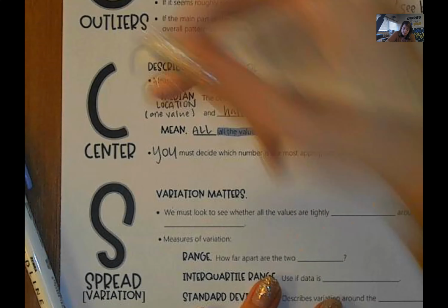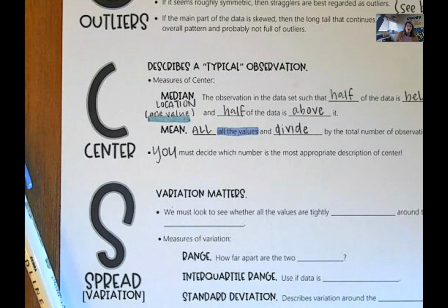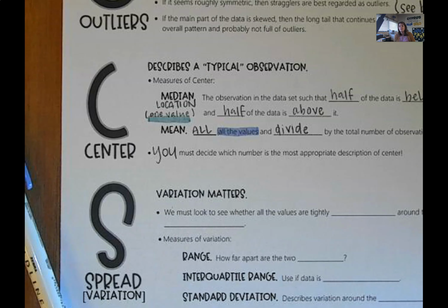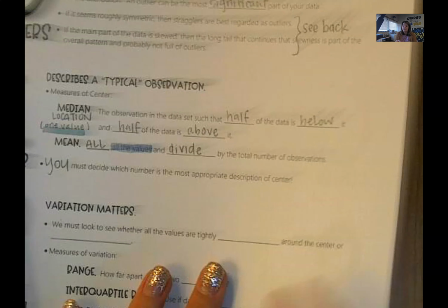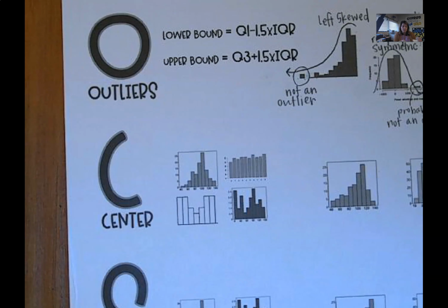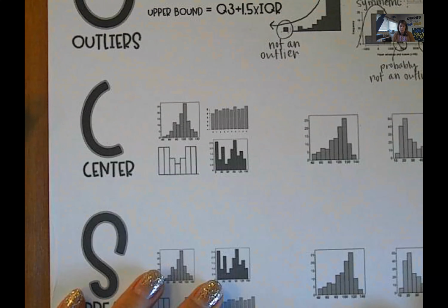So median is one value, mean considers all of the values, and you have to decide which one is the best. Now, hopefully some of you guys are thinking, well, if the mean takes into consideration all of the data values, then wouldn't the mean be the best description of center? So let's flip our page and let's look at the situations in which mean would be a great description of center.